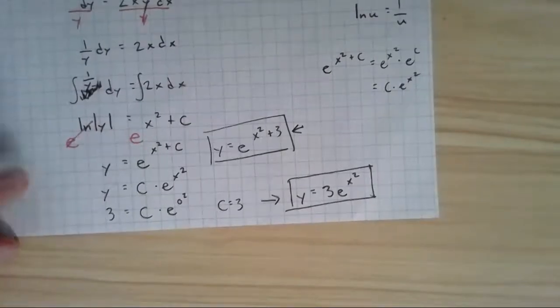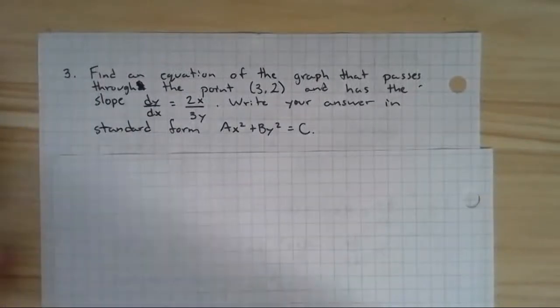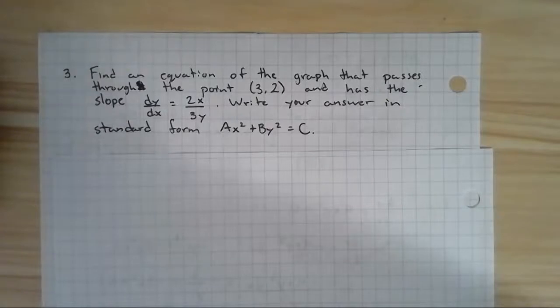Alright, next one is number 3. It says find an equation of the graph that passes through the point 3, 2 and has the slope dy dx is equal to 2x over 3y, and we must write our answer in standard form, so ax squared plus by squared is equal to c.